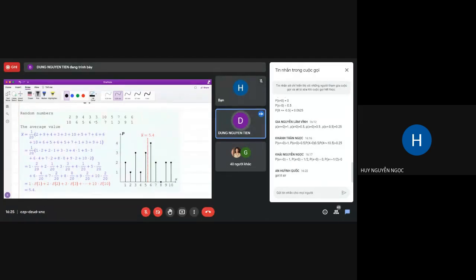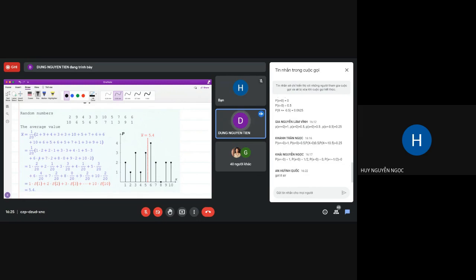So you get 20 numbers randomly from a set of 10 values. Then you can find the average value, which is 1/20 times 2 plus 9 plus 4 plus 3 plus 3, the sum. Then you can rewrite the expression as follows: 1 over 20 times 1 times 2 plus 2 times 1 plus 3 times 3 and so on. And you get 1 times 2 over 20 plus 2 times 1 over 20 plus 3 times 3 over 20 and so on.